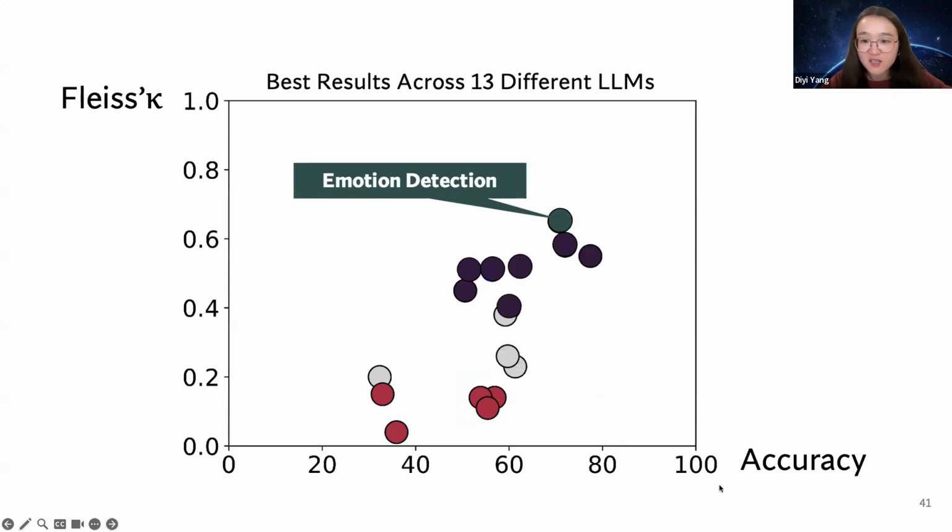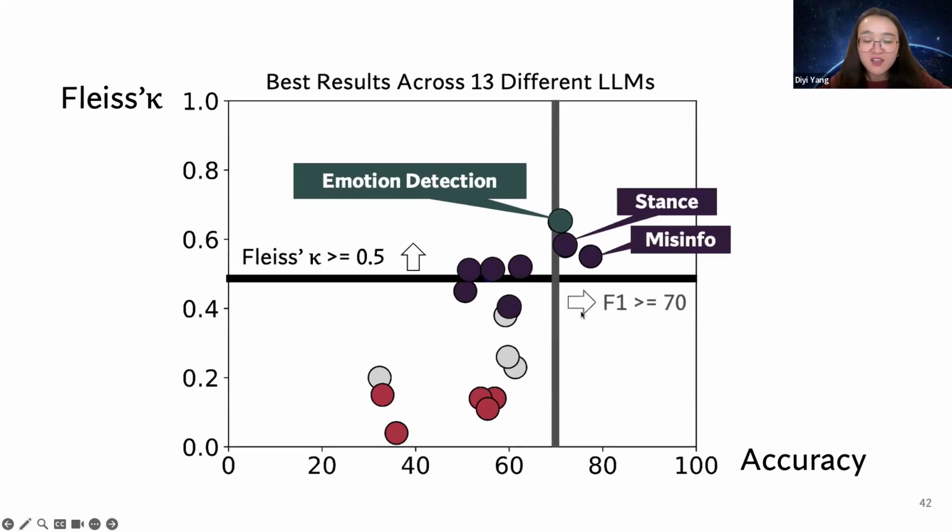The x-axis is model accuracy, and the y-axis is the Fleiss' kappa. Basically, each of the dots shows the corresponding accuracy and the annotation agreement between large language models and humans. Each point here refers to a specific task, such as emotion detection.